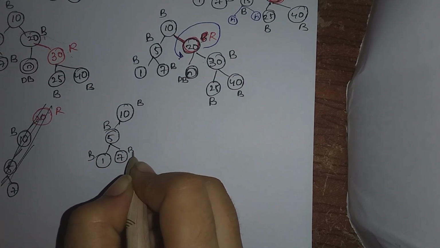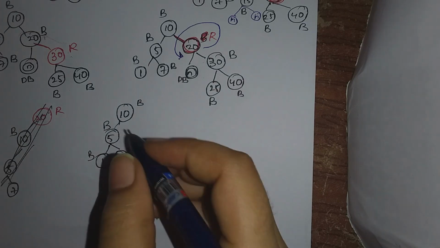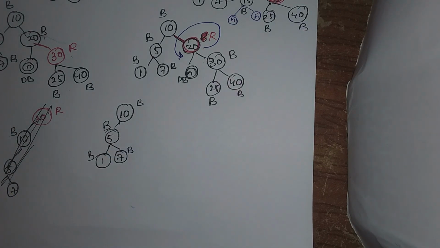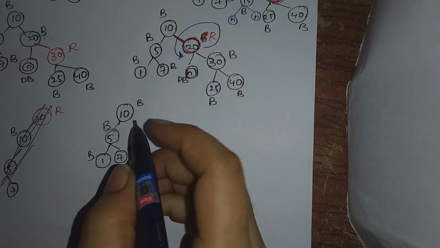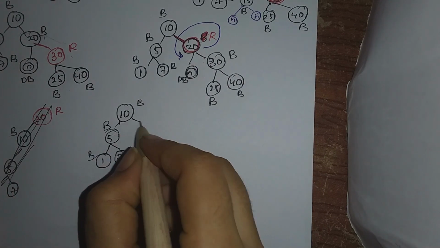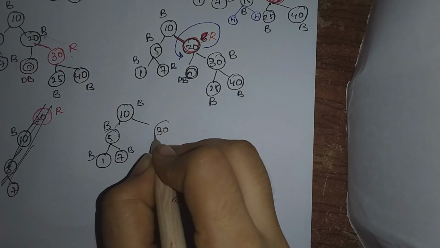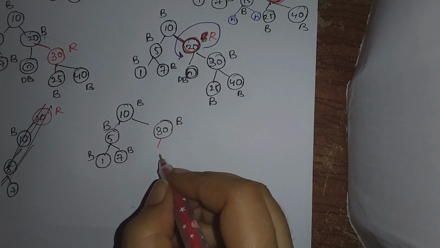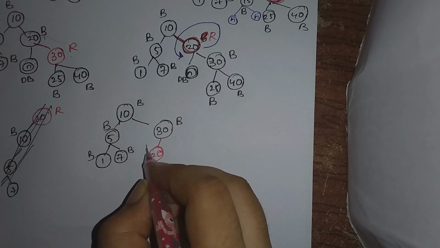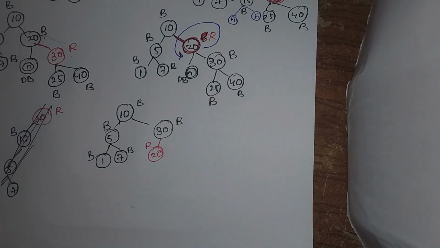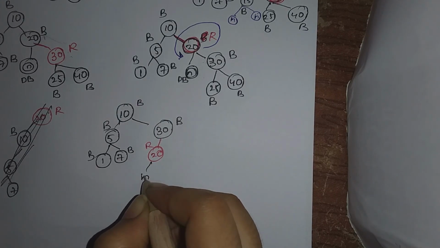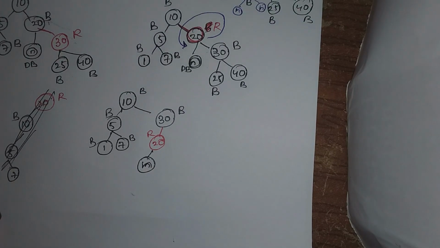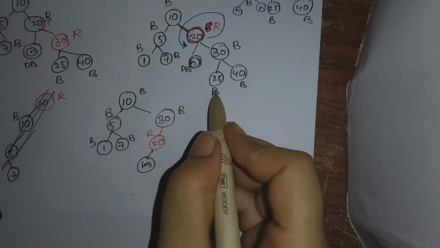So after this rotation, we have 30 as the next node, and after the 30 we have this 20, which is in red color. Now the DB color changes as it has given this double black to the sibling.